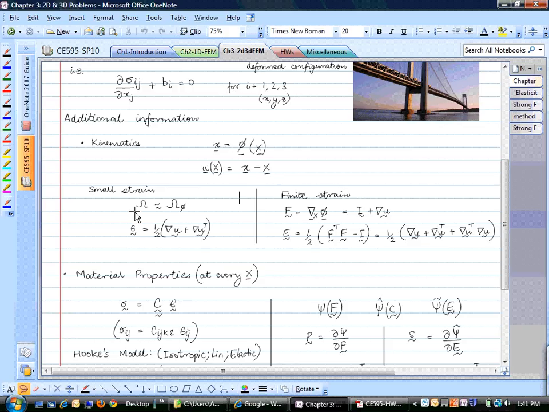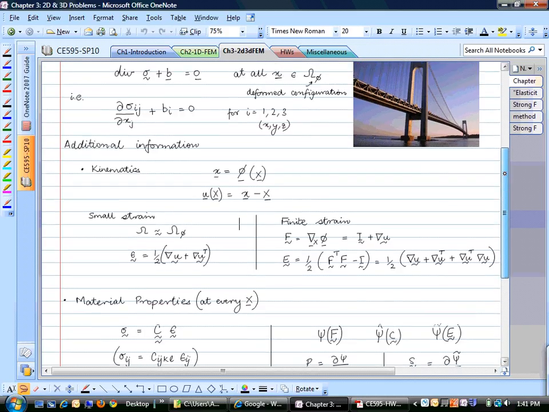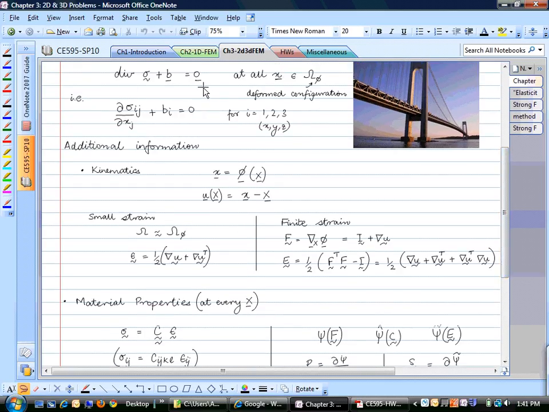then you've pretty much masked all the details of large deformation mechanics. In that case, if you use this small strain measure, you would still be solving the same equation, div sigma plus b, on the original configuration, because you are saying that the deformed configuration is the same as the original configuration.